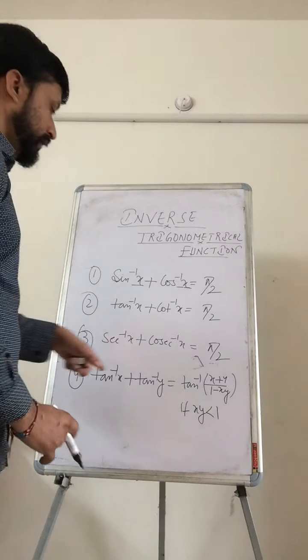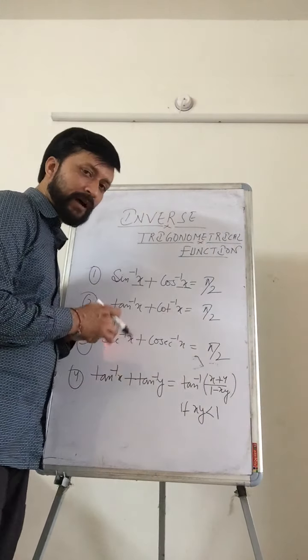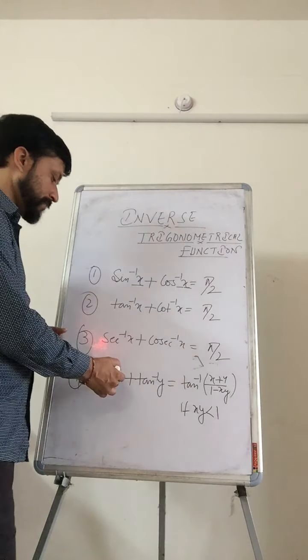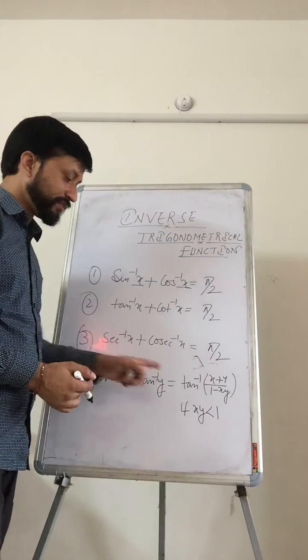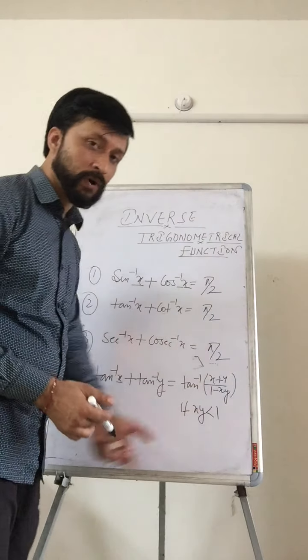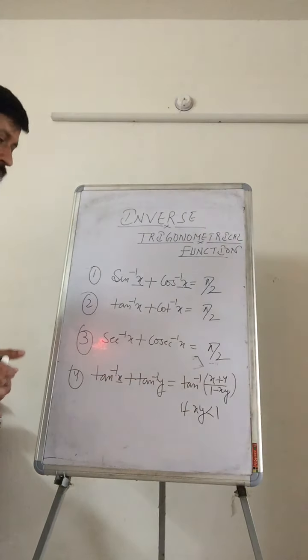If you want to use this formula, first multiply this angle and this angle, and check what answer you are getting. If your answer is less than 1, then you can use this formula.